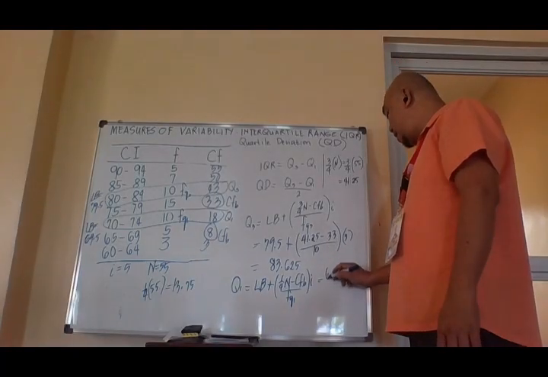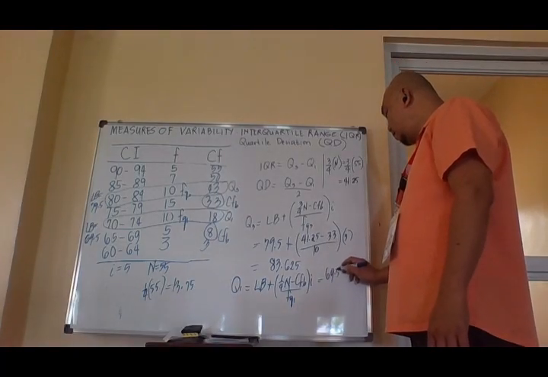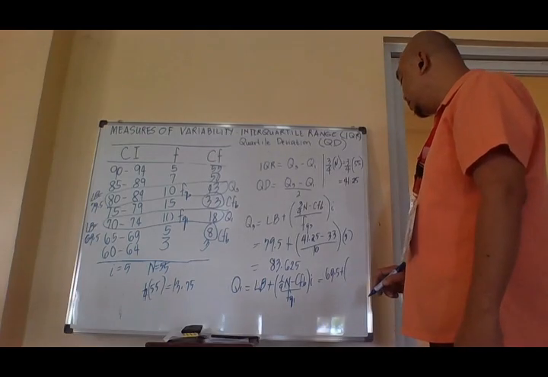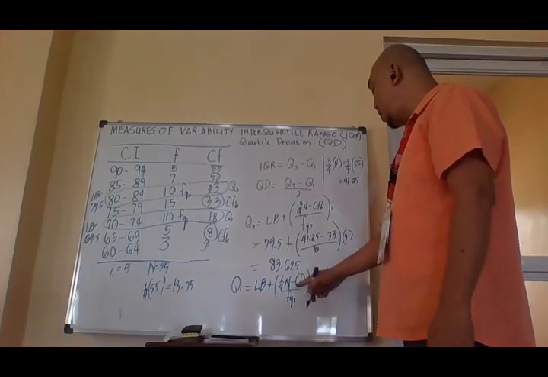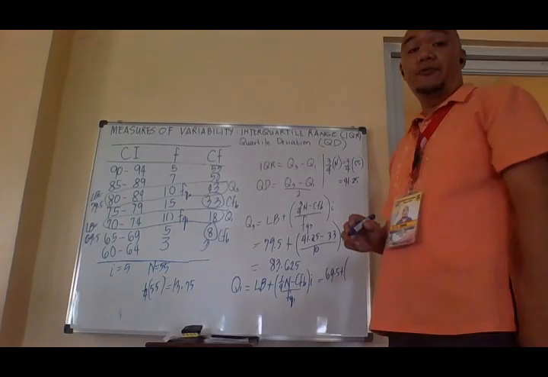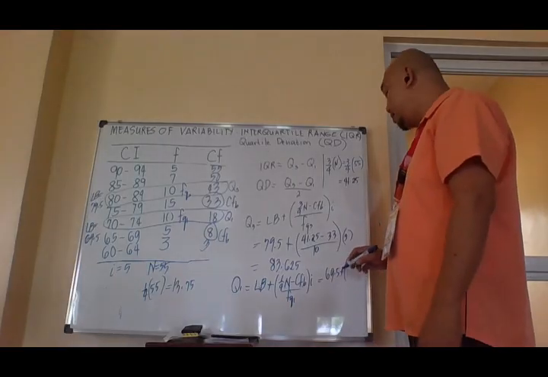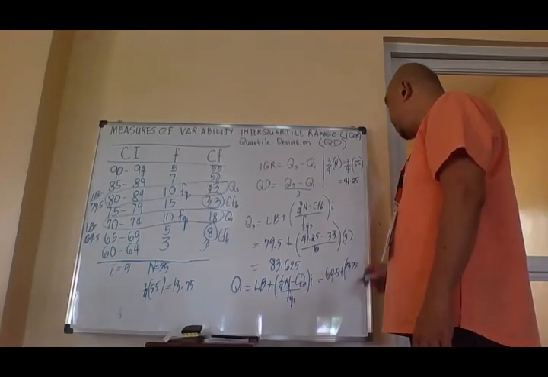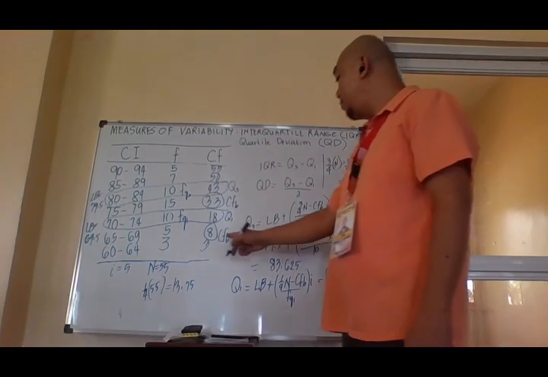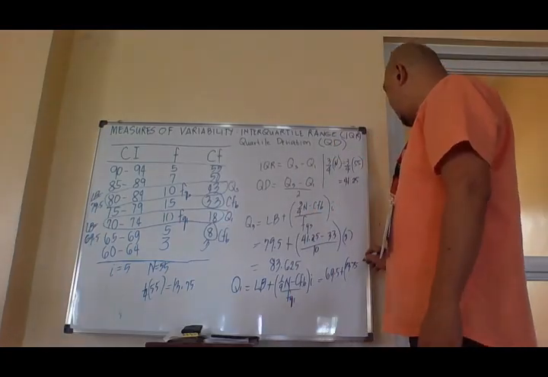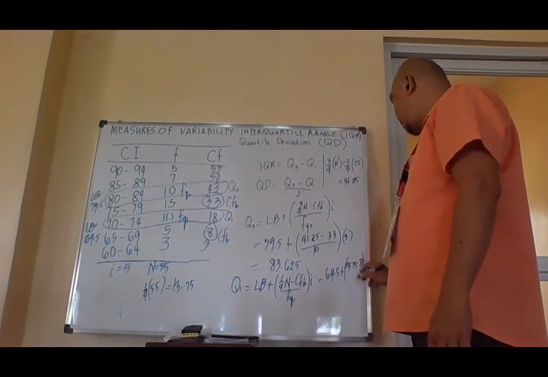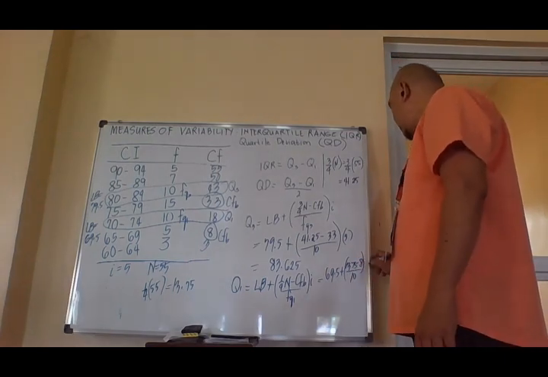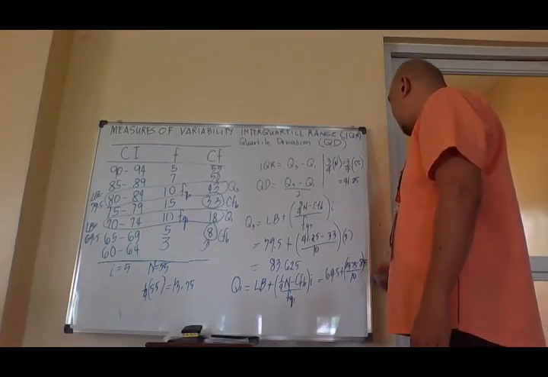So we have 69.5, and then we have 1/4 of n. 1/4 of n is 13.75. So we have 13.75 minus cumulative frequency before, which is 8, divided by frequency 10 times 5.